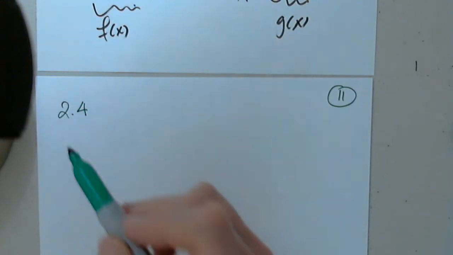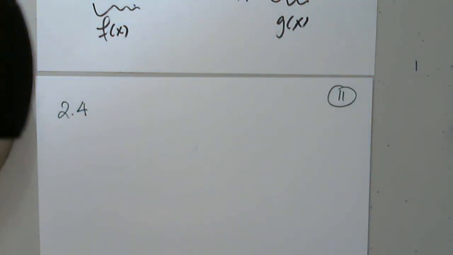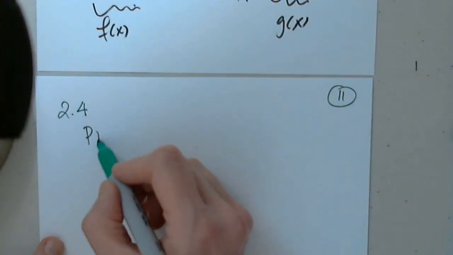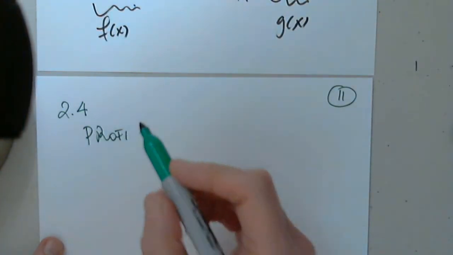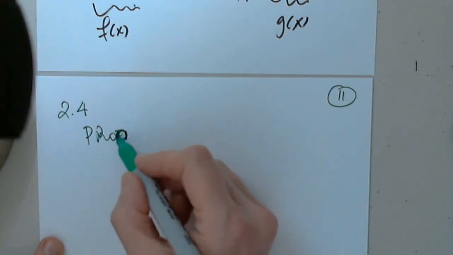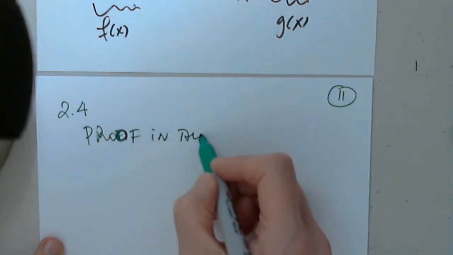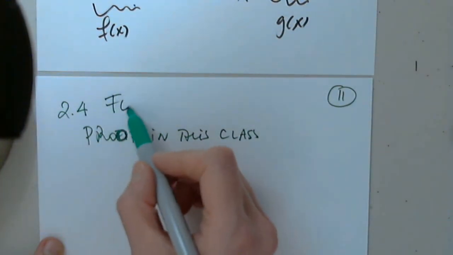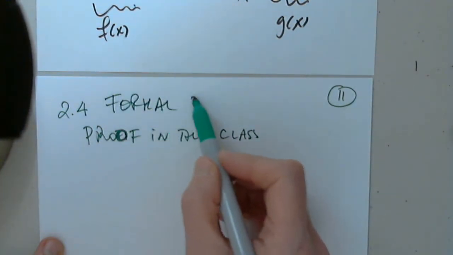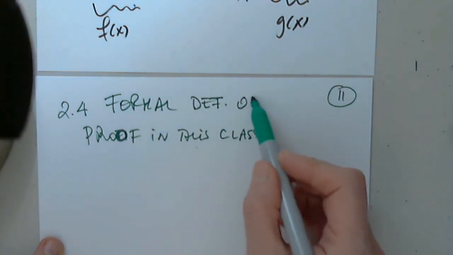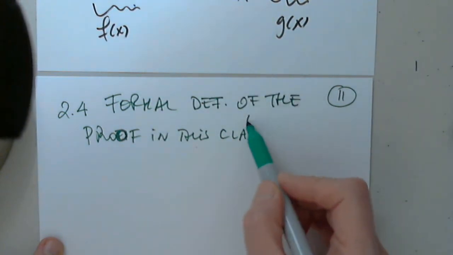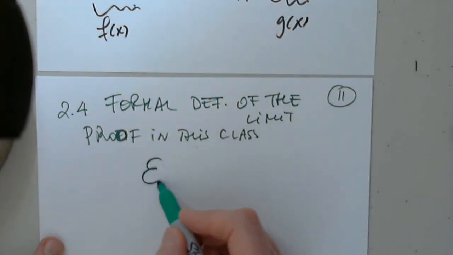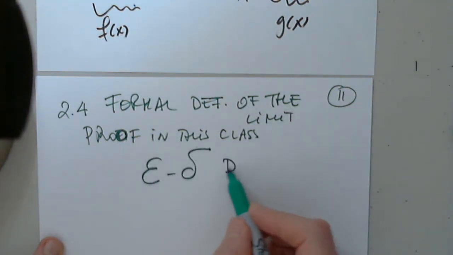Let's start 2.4. 2.4, as I always say, is the only proof in this class. Okay, it's the formal definition of the limit. In short, the epsilon delta definition.